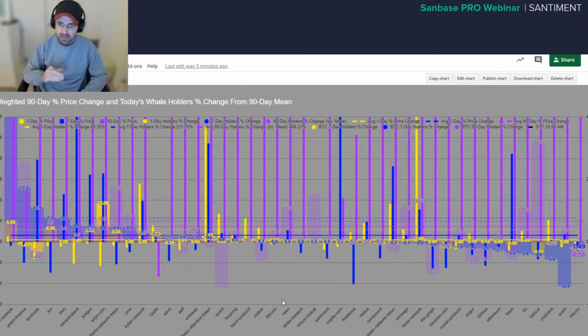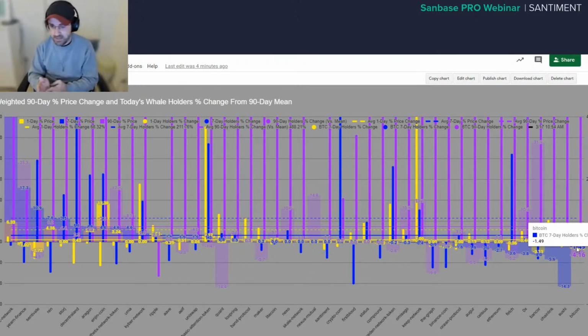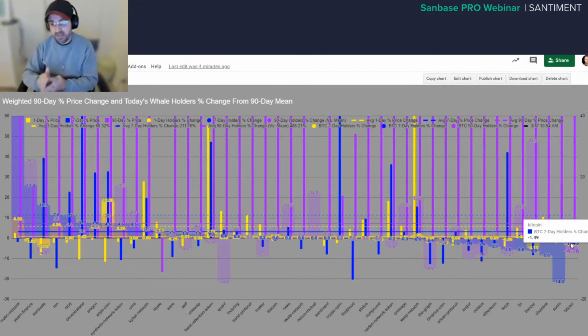So for example, if we look at Bitcoin, as mentioned, it has whales anywhere from 1,000 all the way to infinity tokens in their wallets, right? 1,000 coin holders are not as impactful as 10,000 or more coin holders, which is why in the calculation on the back end for this chart, we have 10,000 or more, exactly 10,000 to 100,000 as opposed to 1,000 to 10,000. Those tiers are worth 10 times as much value, just like they are in real numbers.